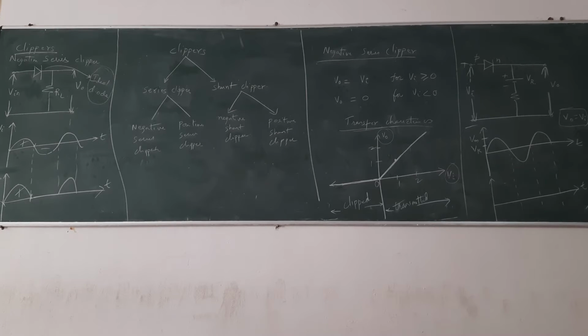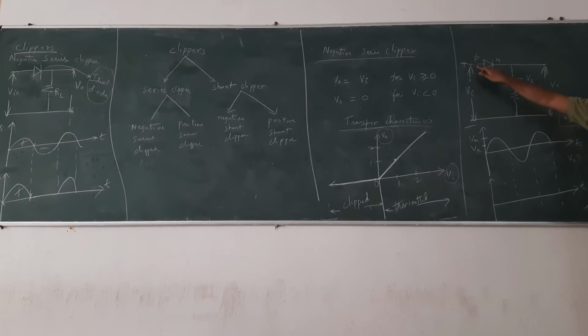So for Vi less than VR, let me write here. For Vi less than VR, what will V naught be? Let us analyze that case also. The voltage here is less, so the diode will be reverse bias. Reverse bias means off.